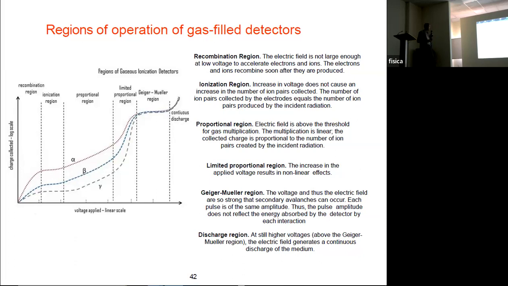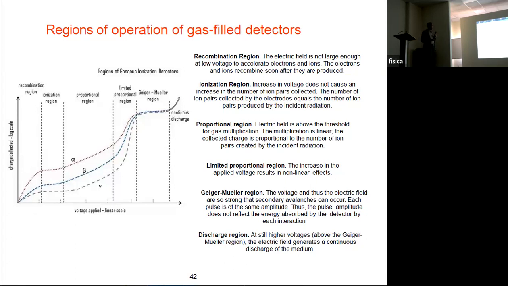Just to clarify, in the ionization region, you have some finite number of electrons and ions which move under the influence of the electric field, and you simply collect them.